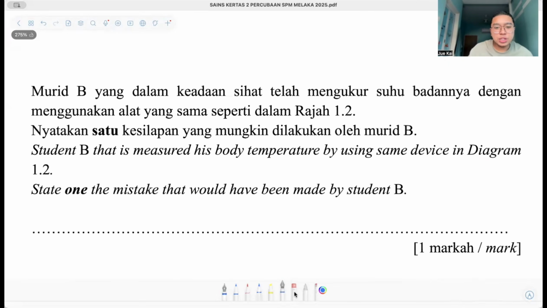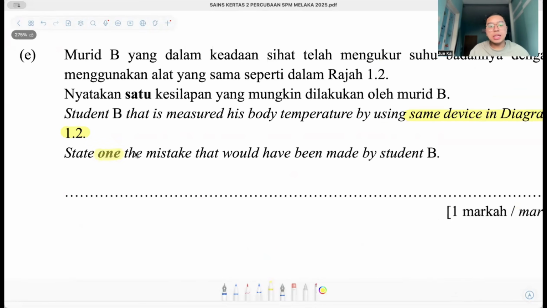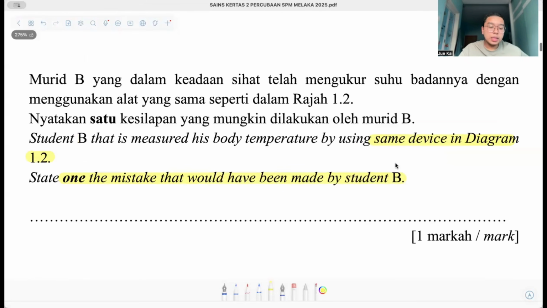Student B measured his body temperature using the same device in diagram 1.2. Diagram 1.2, which one? Oh, okay. State one mistake that would have been made by student B. This question is talking about the way to use the thermometer correctly.